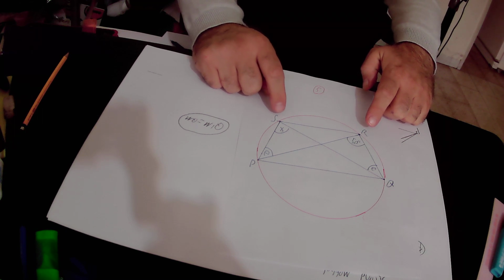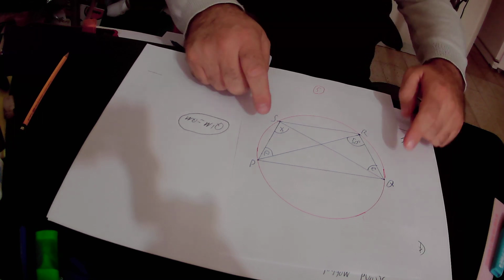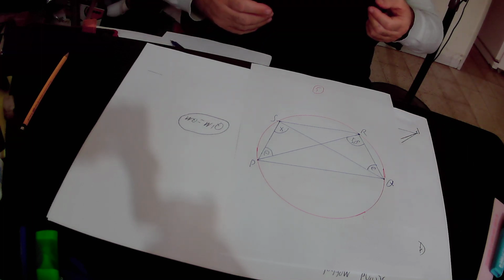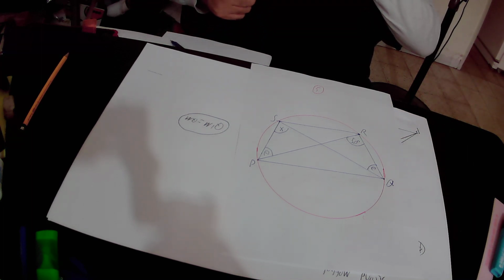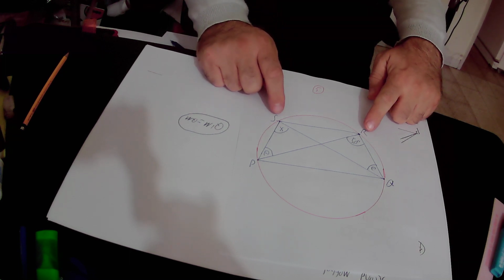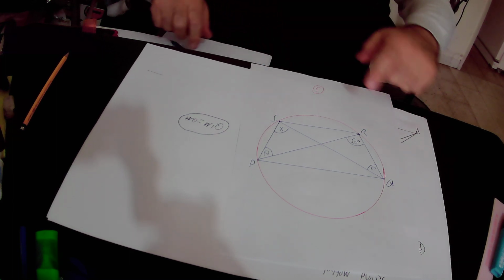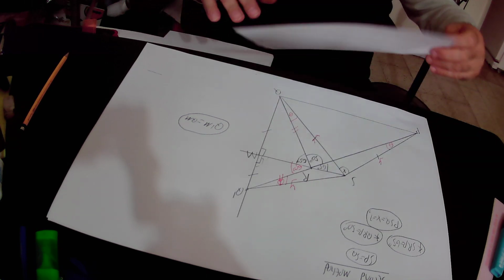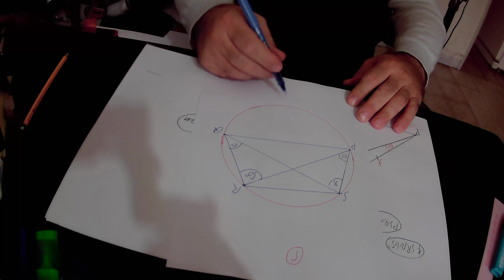Those two peripheral angles lie on the same chord PQ. Therefore, according to rule number 2 that I mentioned in method 1, those two peripheral angles are equal to each other. That is to say, X equals 50 degrees.